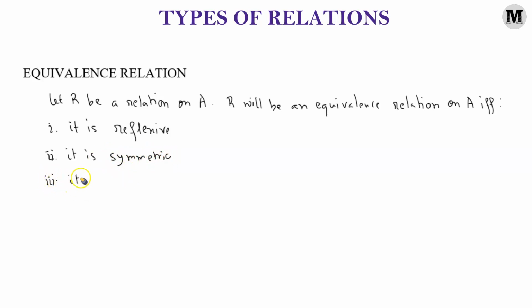If a given relation R on A is reflexive, symmetric, and transitive, then we can automatically say that R is going to be an equivalence relation.